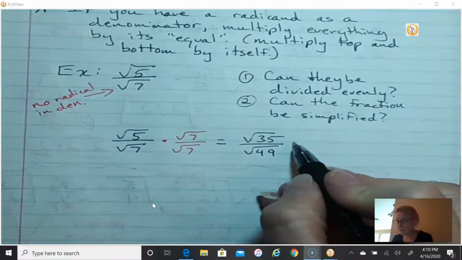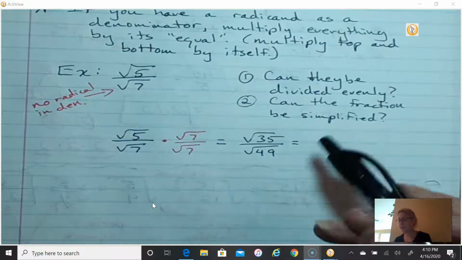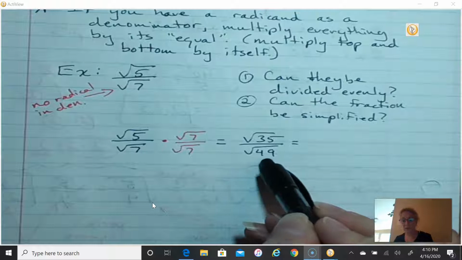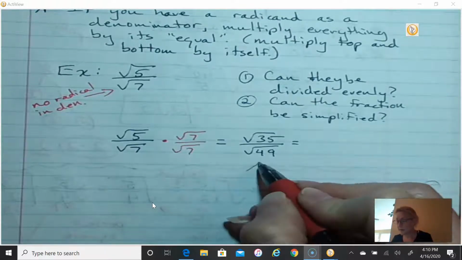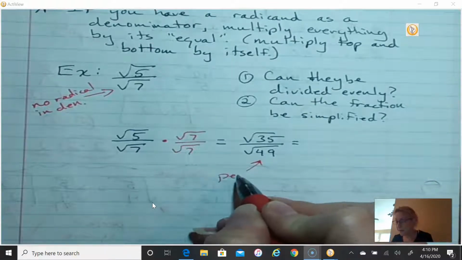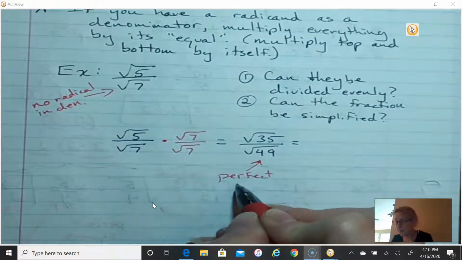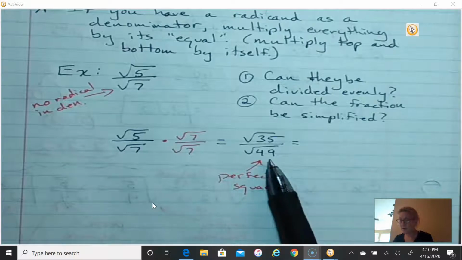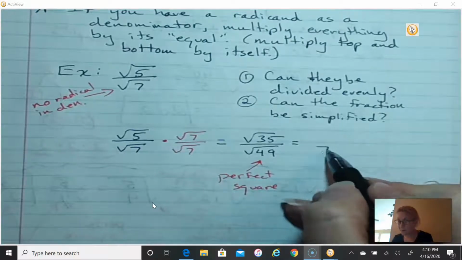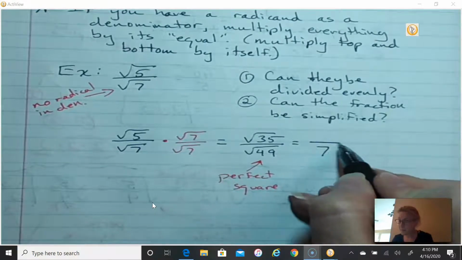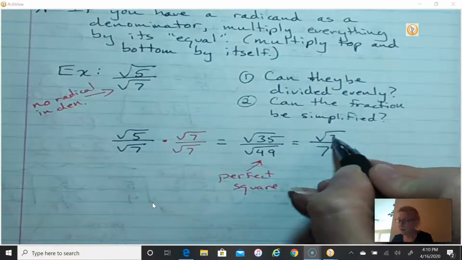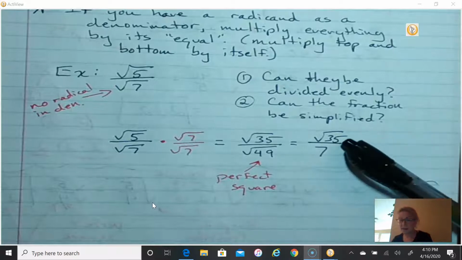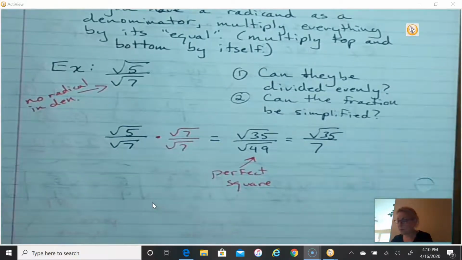Now, if you look, what is the square root of 49? That is a perfect square. So the square root of 49 is 7, and radical 35 is over that. Can this be simplified anymore?